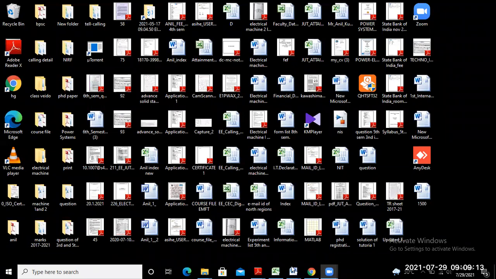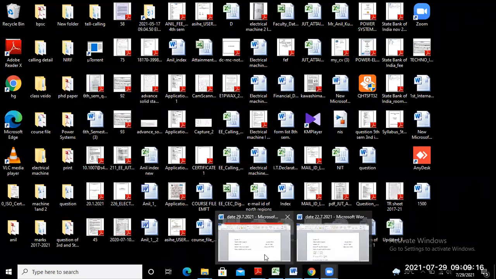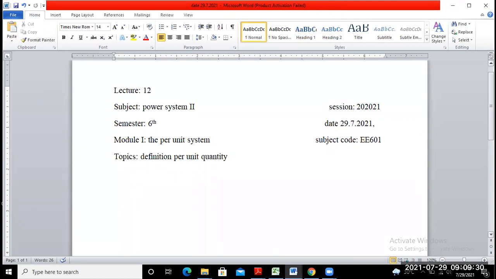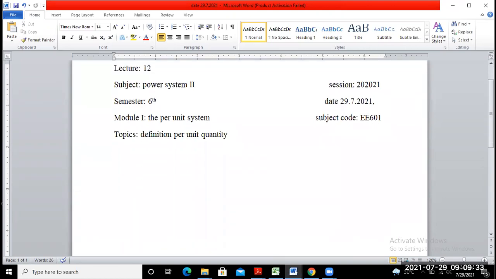So suppose you want to find the per unit of the resistance, then the actual value of resistance in ohm divided by the base value of resistance in ohm. That is known as the per unit quantity of the resistance, resistance in per unit quantity.